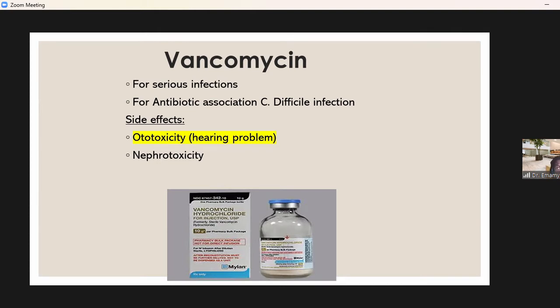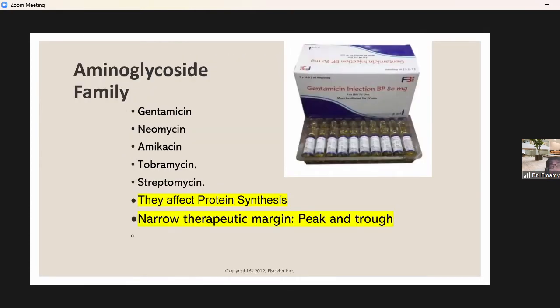So the risk of ototoxicity and nephrotoxicity increases. Ask your patient to report any hearing problem or tinnitus, and also check the patient's BUN and creatinine level.